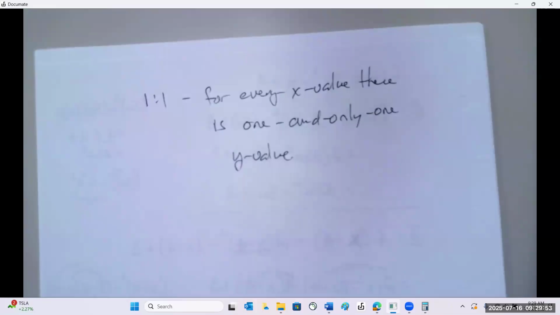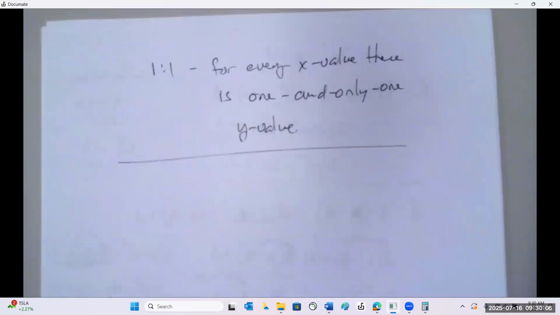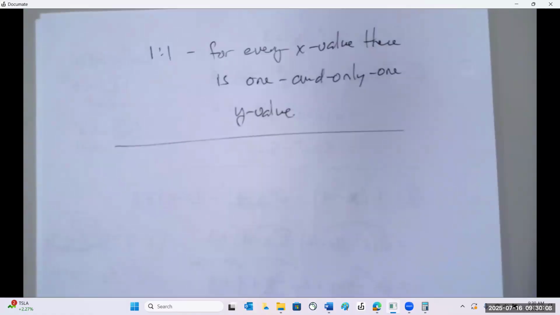That's what the one to one means. So far, so good. So we know the notation of functions. We know how to apply it and what it means.